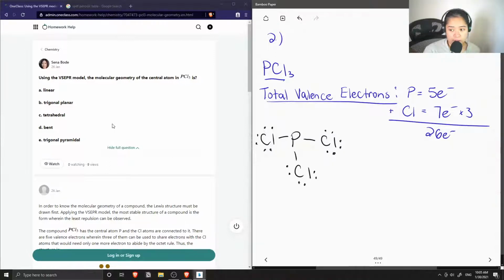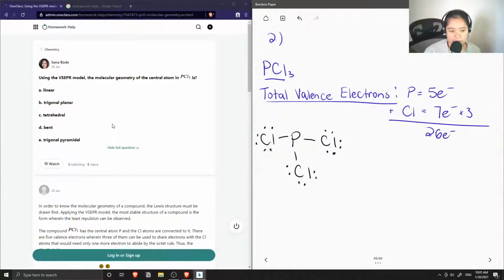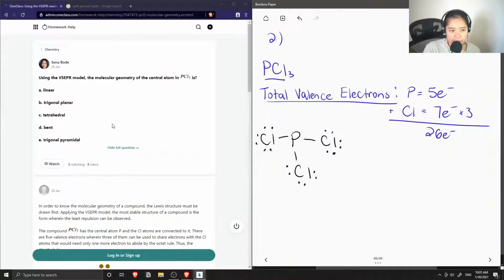Recall that each bond contains 2 bonding electrons, and we have 3 bonds, and each chlorine atom contains 6 non-bonding electrons. So far, I have drawn 24 out of the 26 electrons in this structure. For the remaining 2, I'm just going to place them on my phosphorus atom.